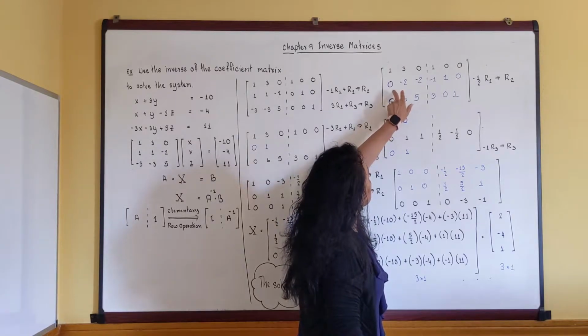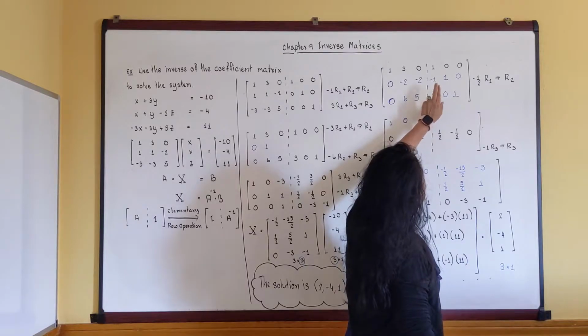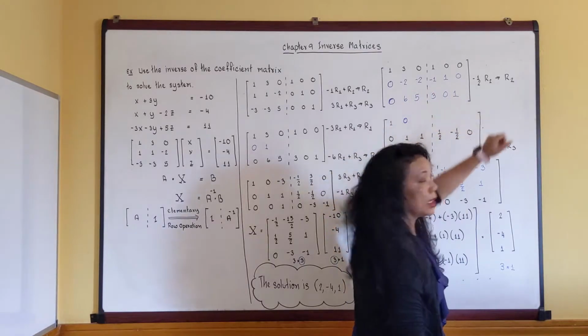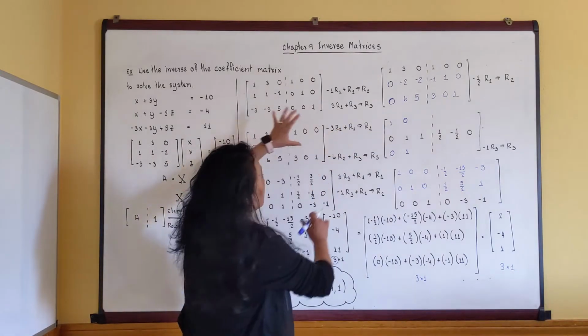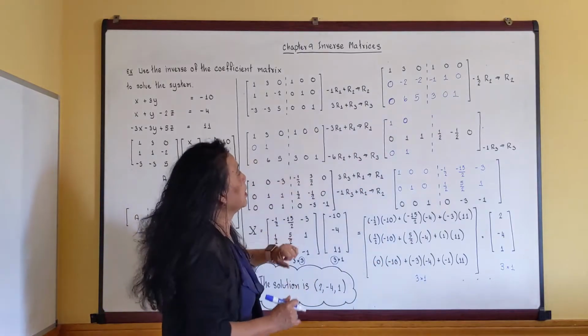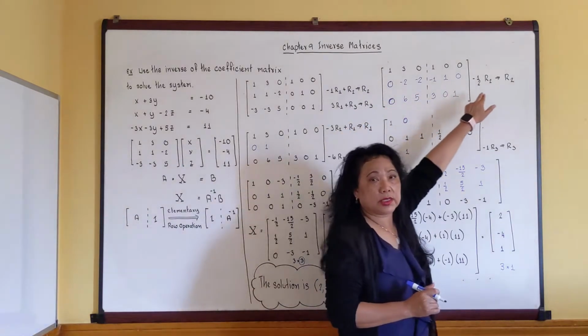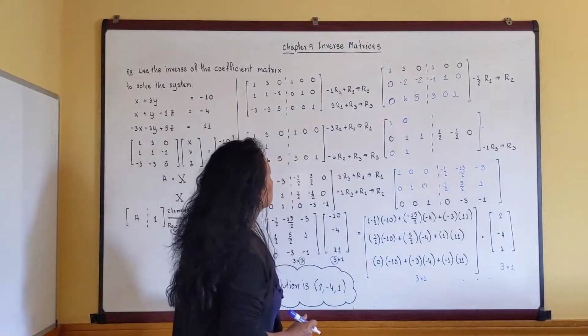So what I'm going to do, I'm going to divide everything by negative 2 and put it on the second row, right? So everything else the same. The first row remains the same, the third row remains the same. The only row that changed is the second row, right? So divide everything by negative 2.